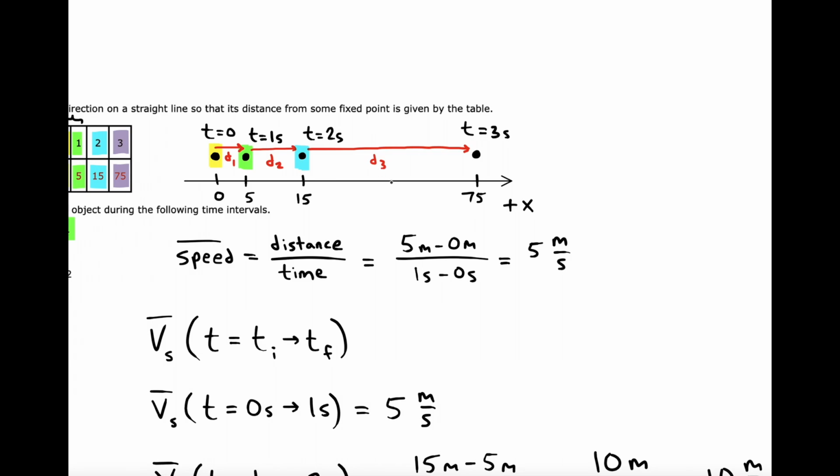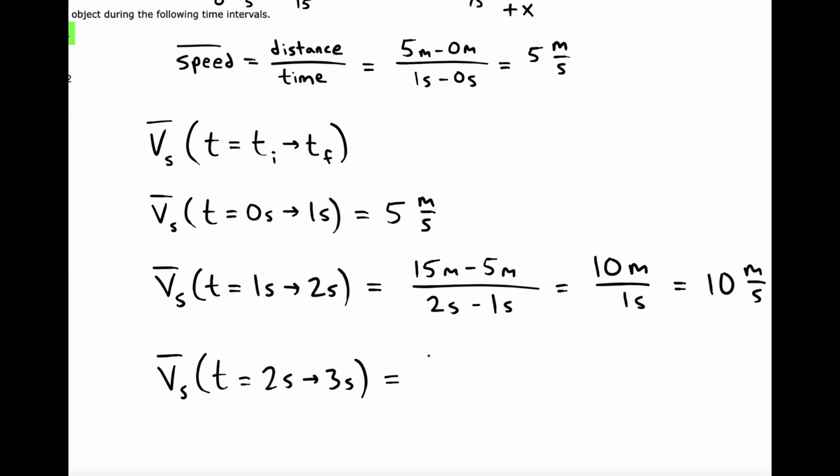So our d3 is going to be the 75 minus 15. And we'll divide by 3 minus 2. 60 meters in 1 second.